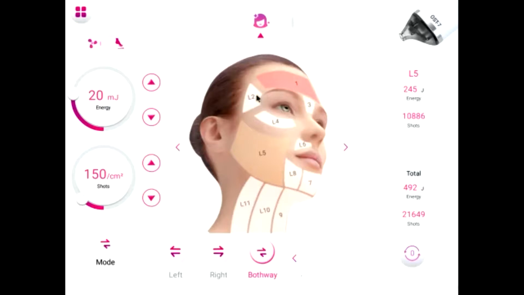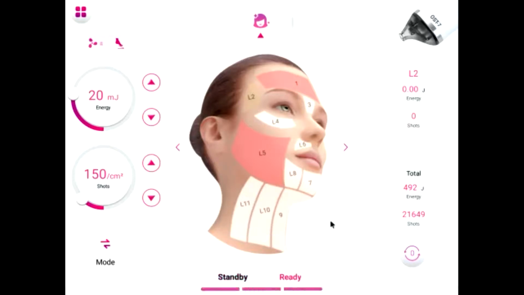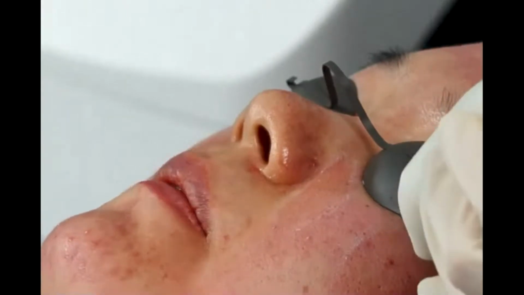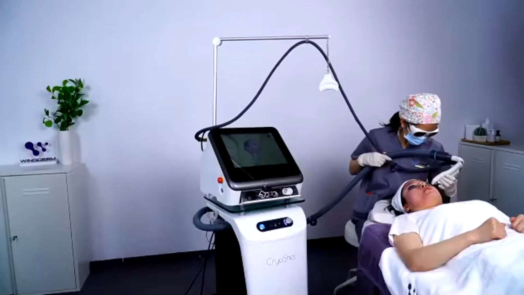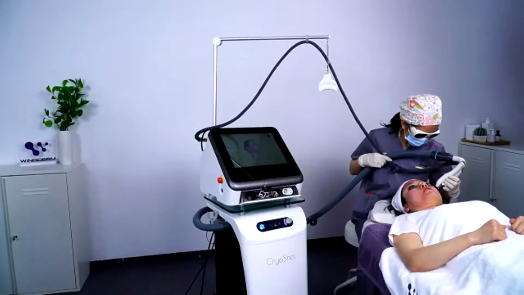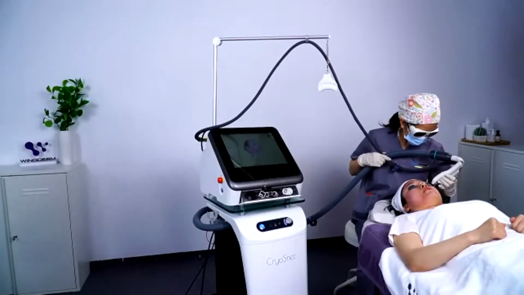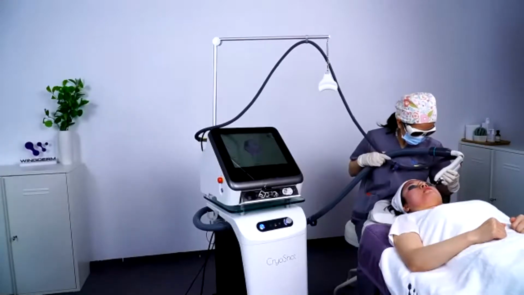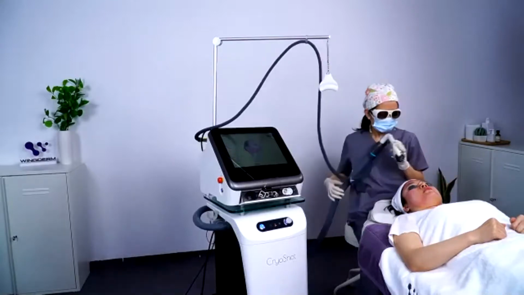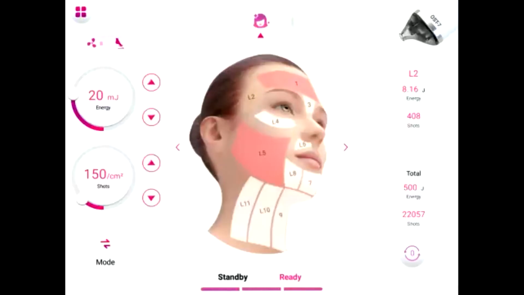And choose L2 first. Okay, another part.